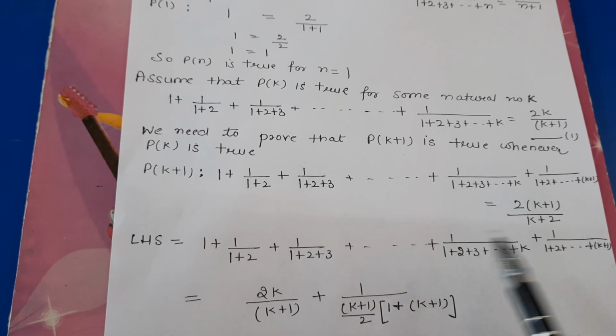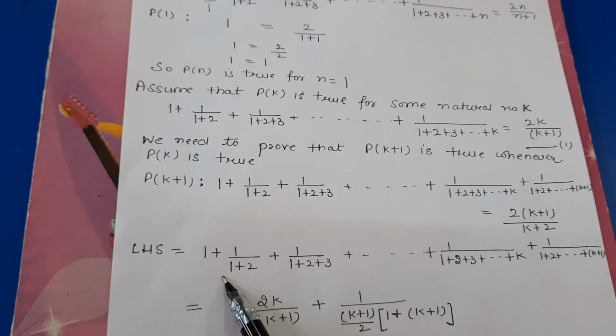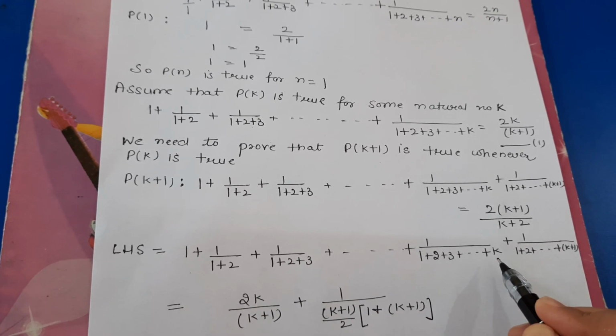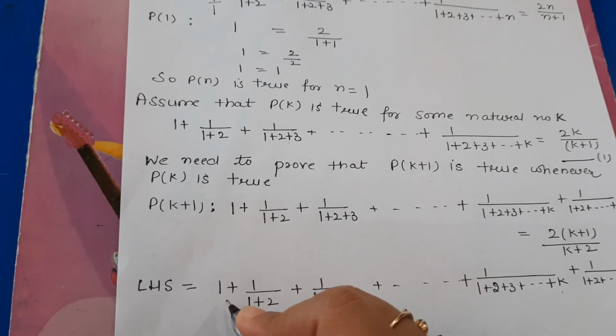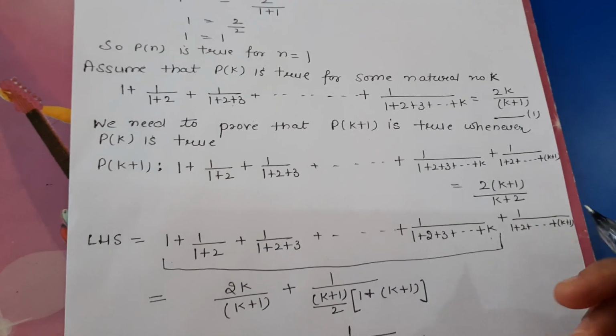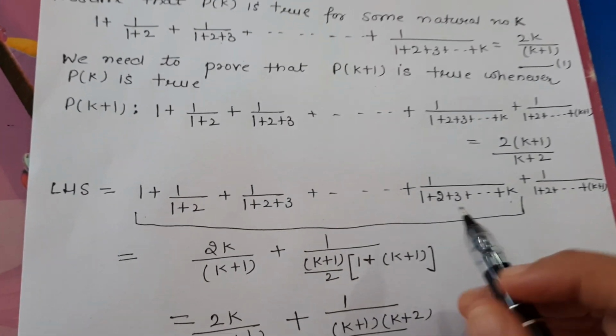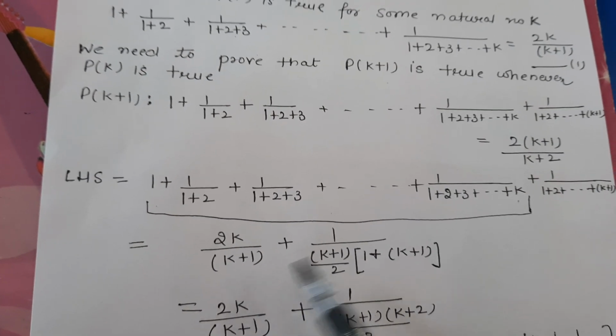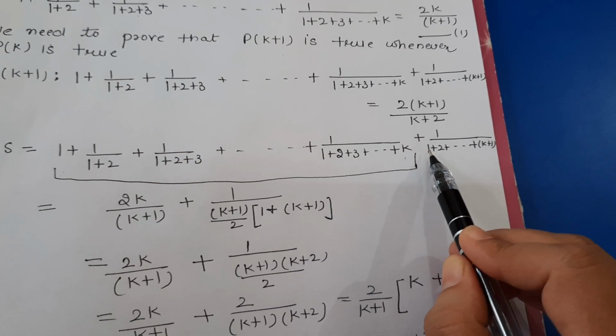So write your left hand side again. Now from equation number 1, the sum of these k terms, using equation 1, this is equal to 2k upon k plus 1 plus this last term. Now look at the series.